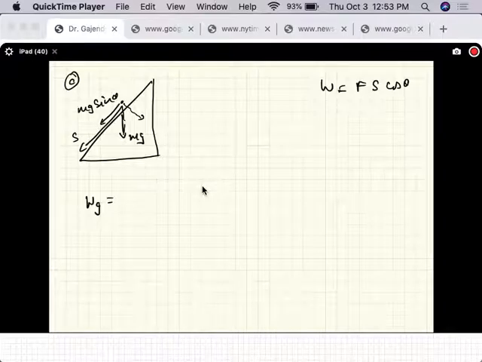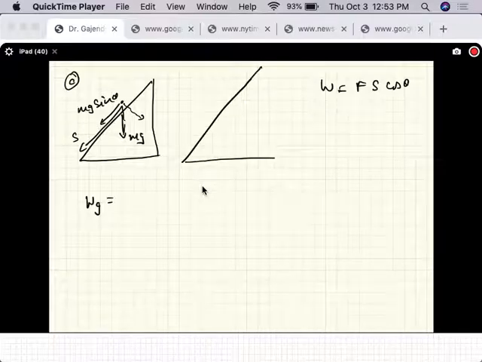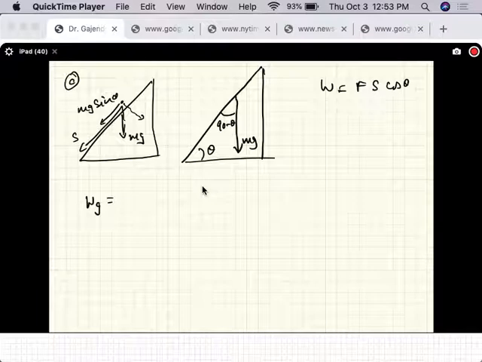Let me do it two different ways. Here is theta. Here is mg. This angle is 90 minus theta. Here is the displacement. So the work done by gravity is force of gravity dotted with displacement.